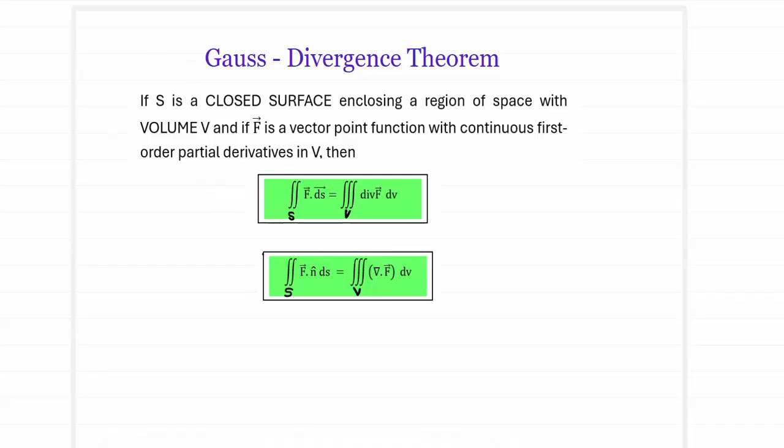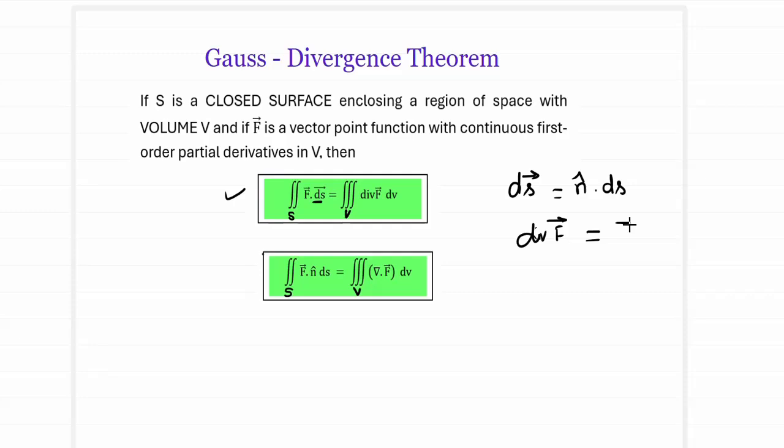Now this base theorem can be simplified by taking that my dS vector can be written as n cap dS. So the dS over here has now been replaced as n cap dS. The second thing which can be done is with the divergence of F vector.